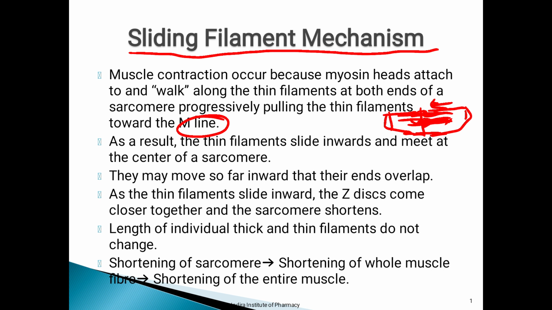So the length of actin and myosin won't change; it will remain constant. Shortening of the sarcomere causes shortening of the whole muscle fiber, which in turn leads to shortening of the entire muscle.